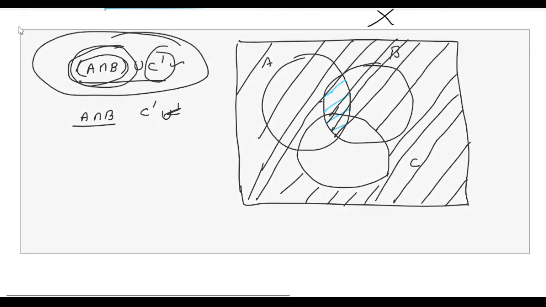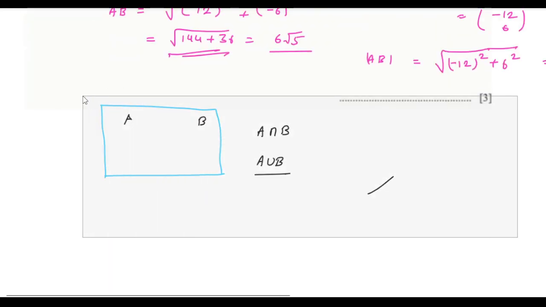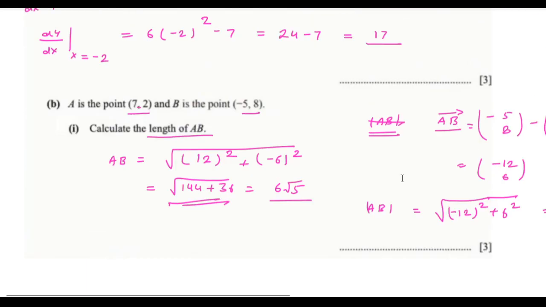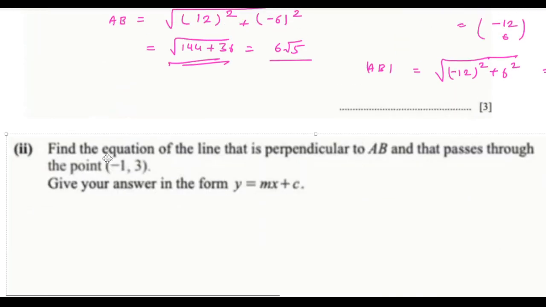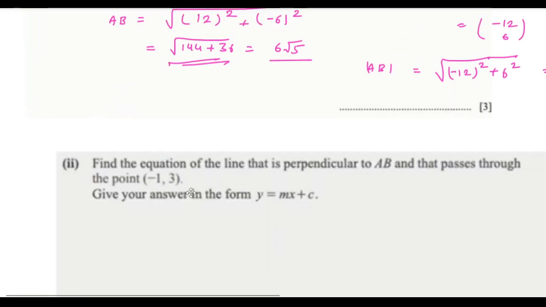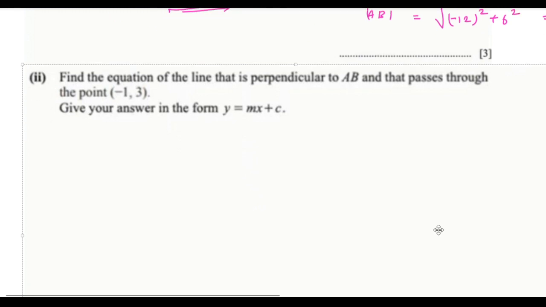Okay, I will erase this. So here I got the value of AB, length AB. Now the second question is: find the equation of the line perpendicular to AB that passes through point -1, 3.